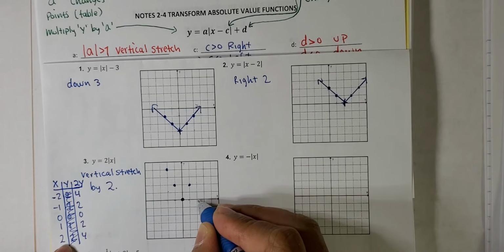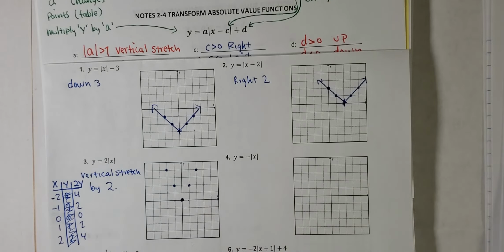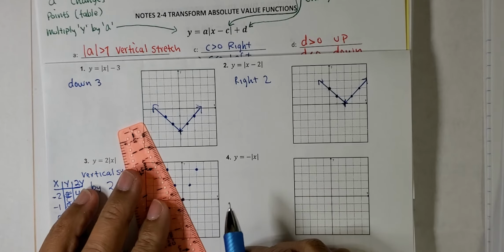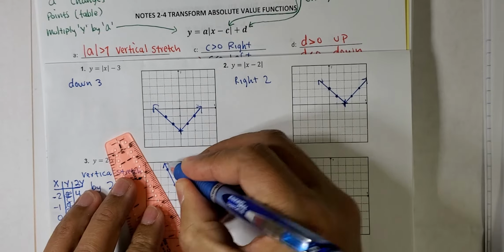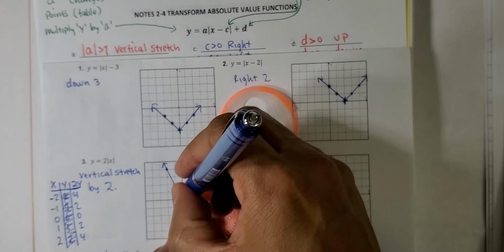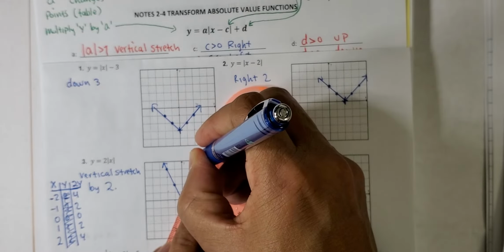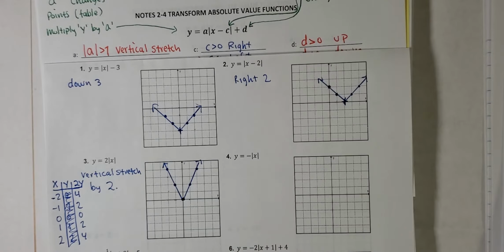And then right 2, up 4. Once I have the points, I'm going to connect the points. And there is one side, and then I'm going to graph the other side. Okay, now there is the graph of this function.